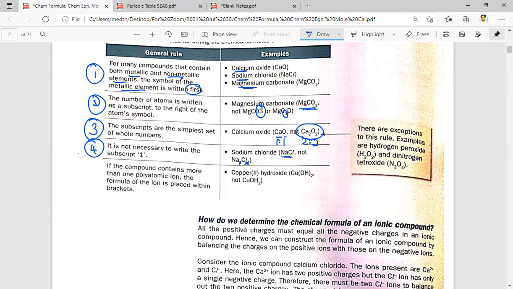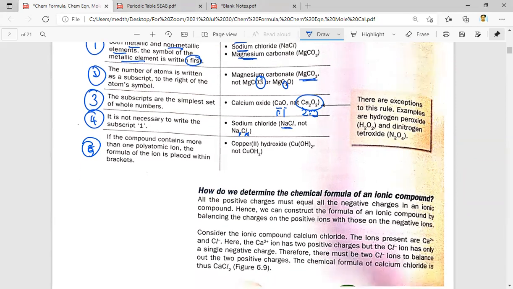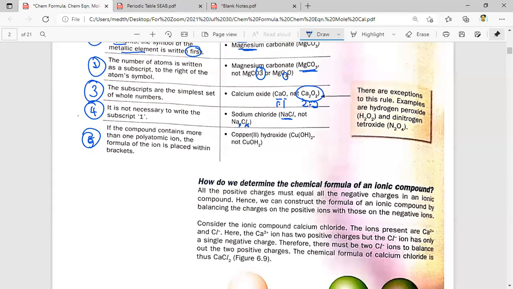Lastly, if the compound contains more than one polyatomic ion, the formula of the ion is placed within brackets. So for example, copper(II) hydroxide consists of one Cu2+ ion and two OH- ions. So how to show that it contains two OH- ions?